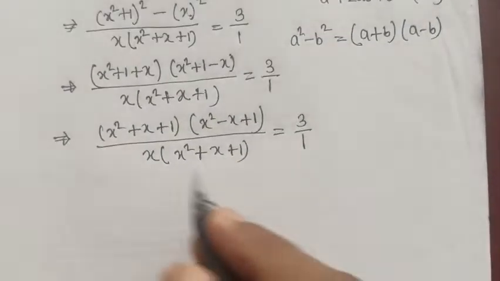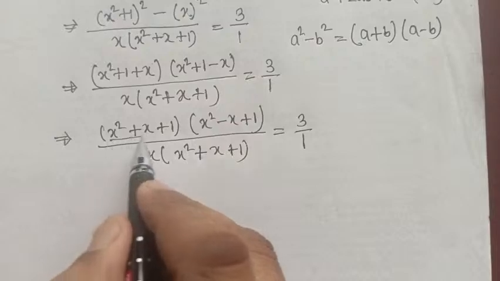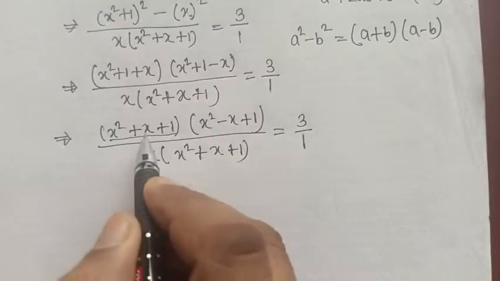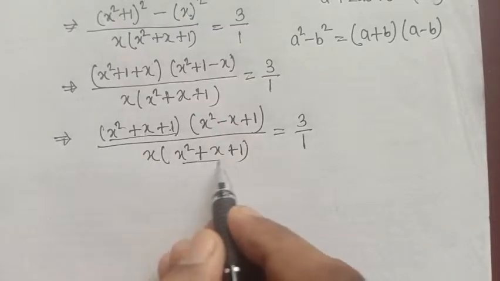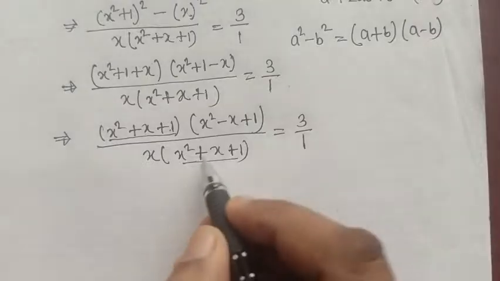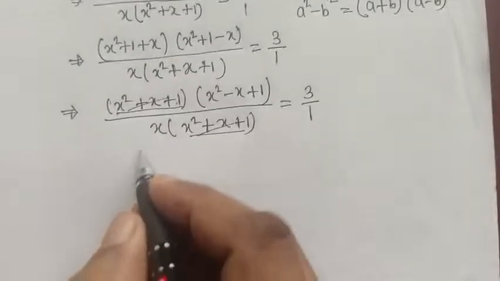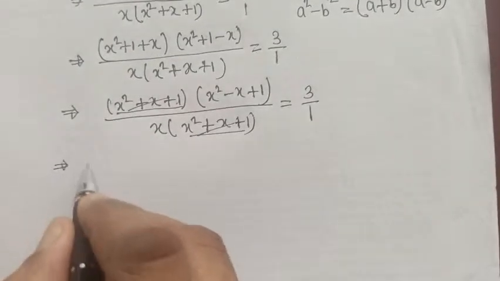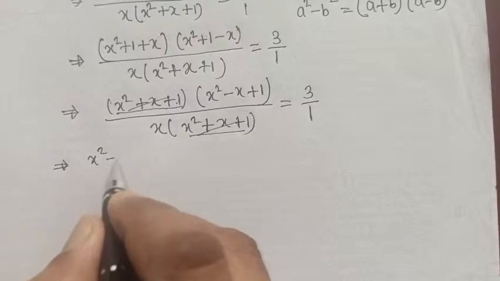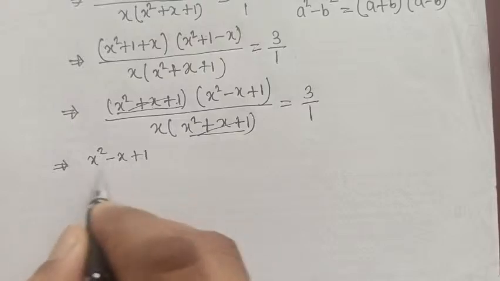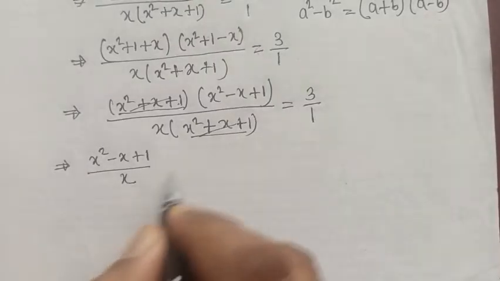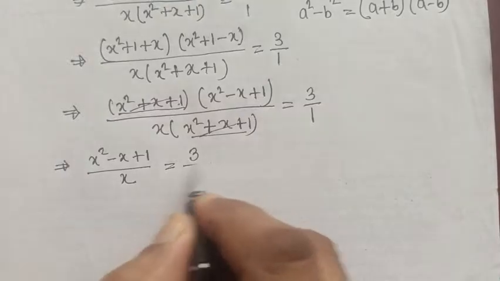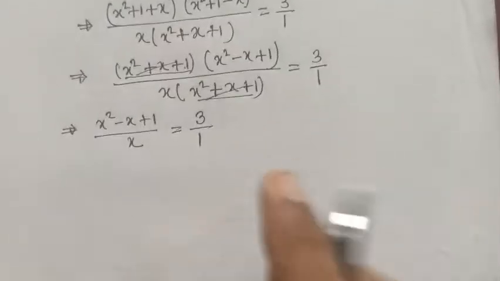Now here we got one same expression, that is x square plus x plus 1, and here also x square plus x plus 1. So that will cancel out, and the remaining part will be like (x square minus x plus 1) by x equals 3 by 1.